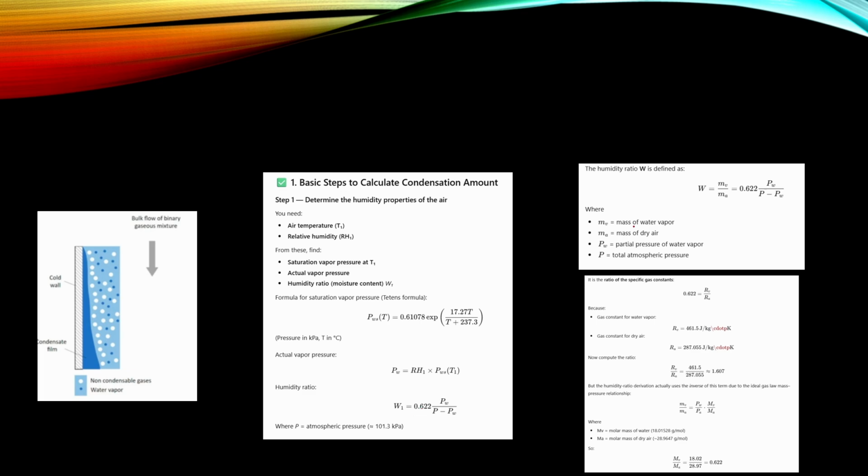that was the mass of water vapor divided by the mass of dry air. And here is this constant, and it's explained here where it is coming from. It is the molar mass of water divided by the molar mass of dry air.